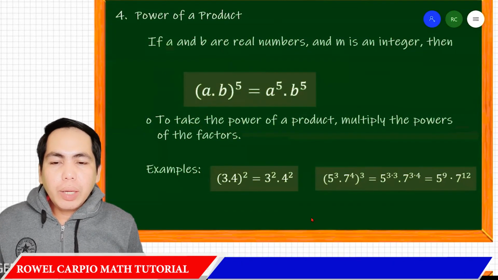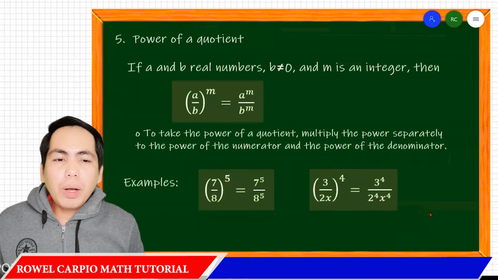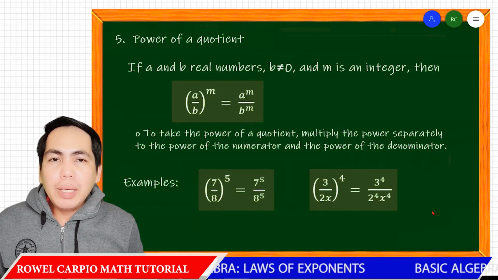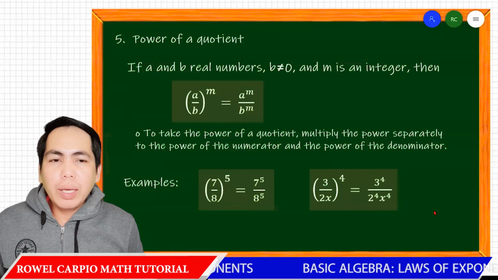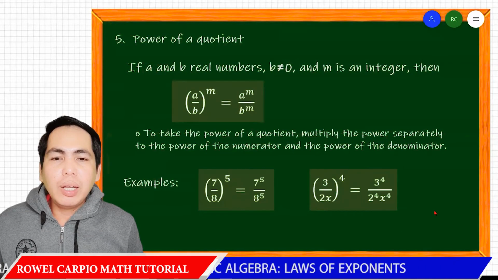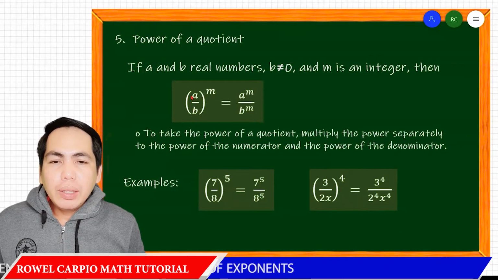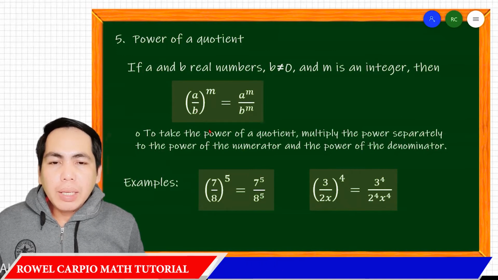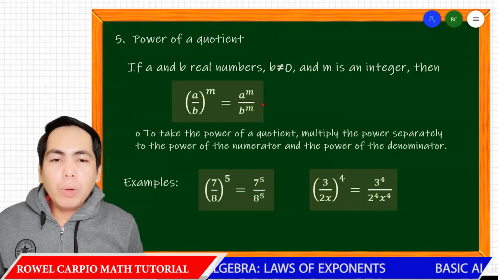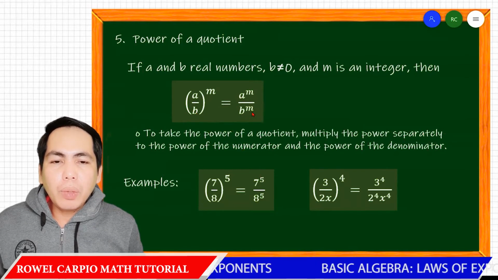Let's proceed to number 5. Power of a quotient. If a and b are real numbers and b is not equal to 0 and m is an integer, then the quantity of a over b raised to the power of m is equal to a raised to the power of m over b raised to the power of m.